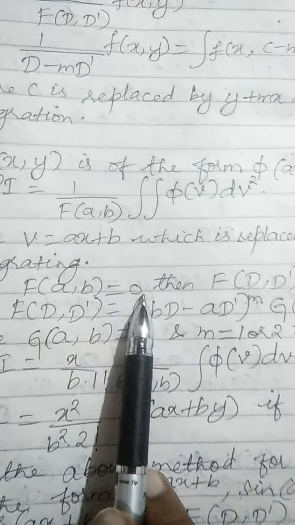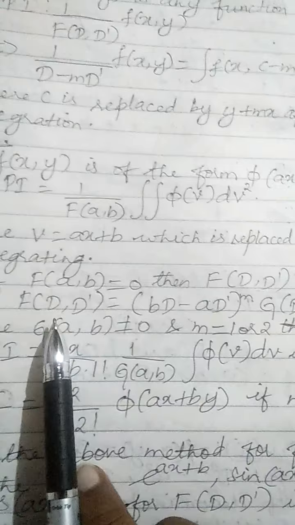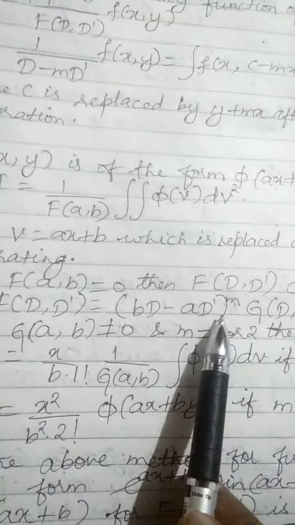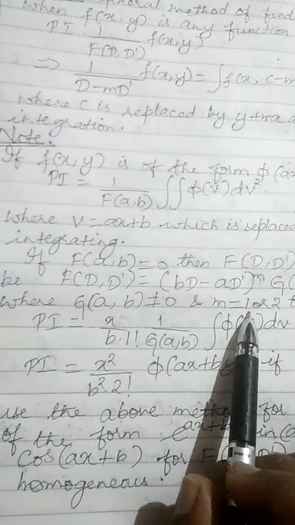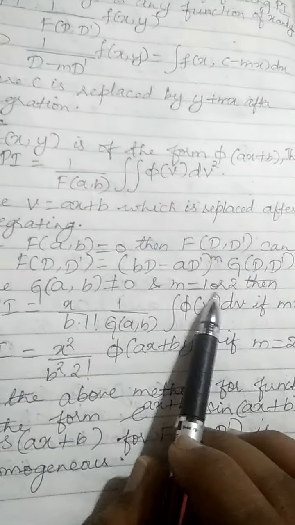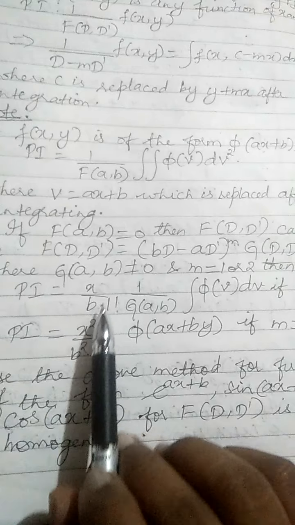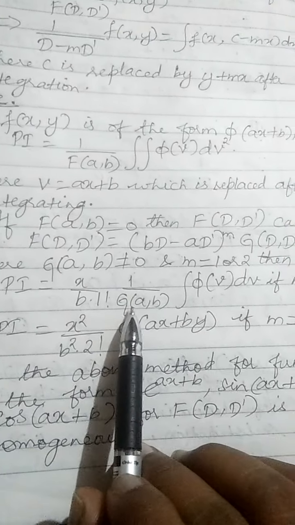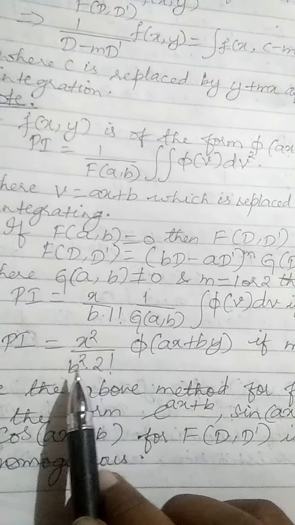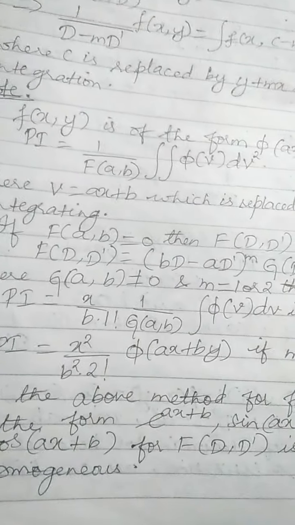If f(a,b) equals 0, then f(D, D') can be written as (bD − aD')^m g(D, D'). Now if m is equal to 1 and g(a,b) is not equal to 0, then the particular integral is x/(b · 1!) · 1/g(a,b) times the integral of phi(v) dv. If m equals 2, then the particular integral is x²/(b² · 2!) phi(ax+by).